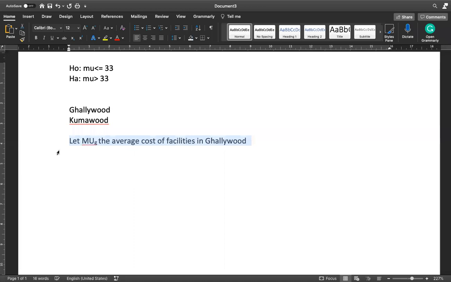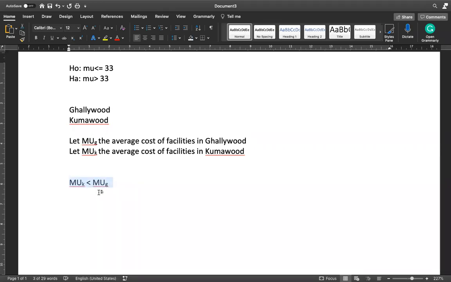And then let mu sub K be that of Kumawood. Okay, so if this claim of the people is true, then you expect that the average cost of facilities in Kumawood is significantly less than the average cost of facilities in Gollywood. This is the claim that you'll be testing.